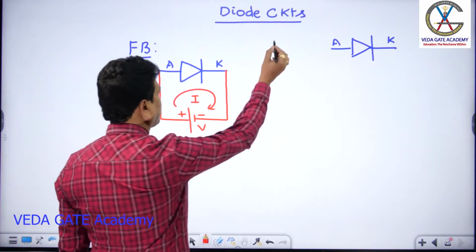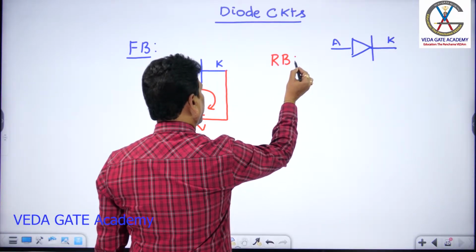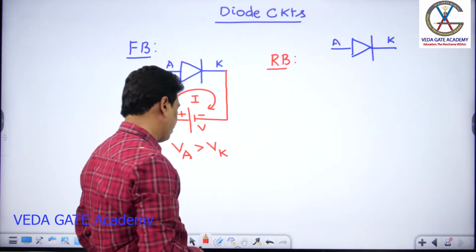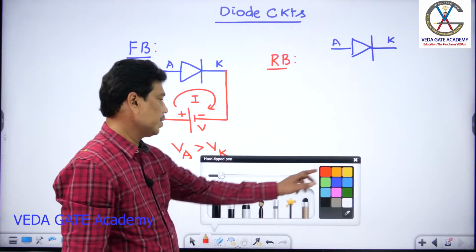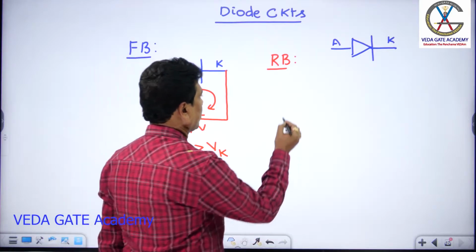And if you go for reverse bias, it is opposite to forward bias. In the case of reverse bias, the diode is operated with applied bias such that the anode is at negative potential with respect to cathode.